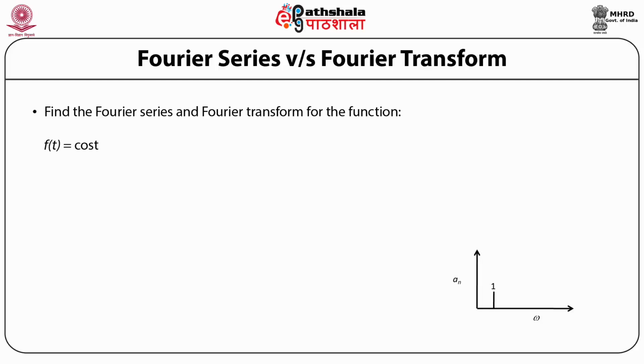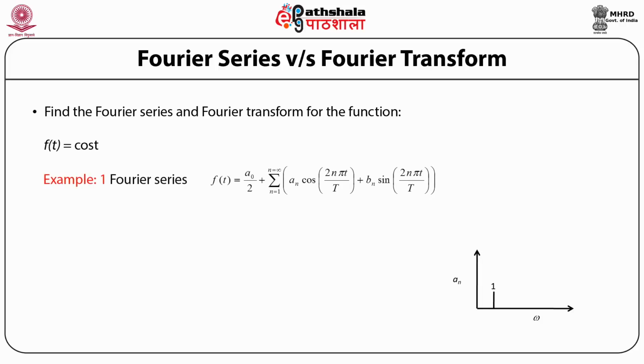Now case 1, if you write the Fourier series, f of t is equal to a naught by 2 plus sigma n is equal to 1 up to infinity of a n cos 2 pi n t by capital T plus b n sin 2 pi n t by capital T, full brackets. Now for this function we need to find a0, an and bn. Then once you do the whole series, now f of t is equal to cos t.